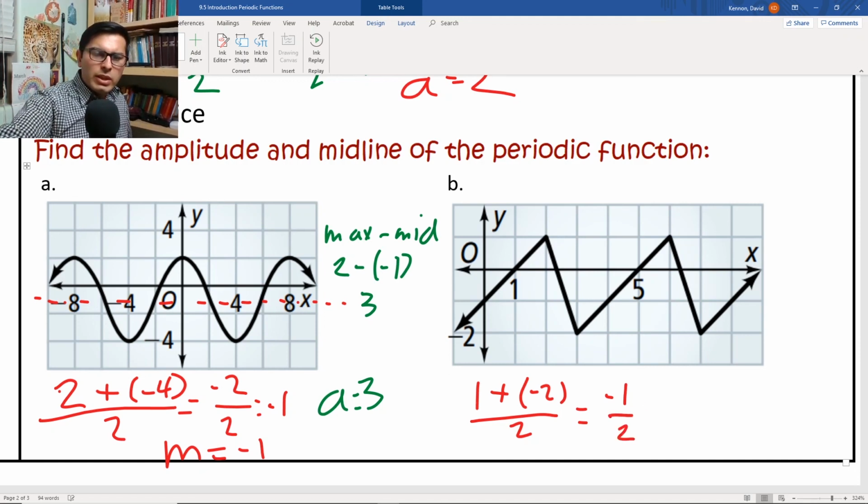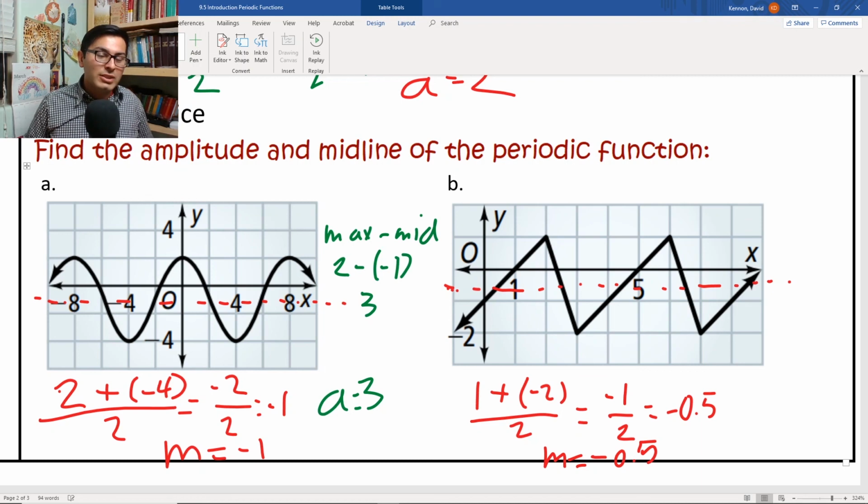Now, another way of looking at this would be saying -0.5 if you want it in a decimal format. Either way, it's at a middle point of a grid, which is okay. Remember, we have that fancy formula there if we can't count it accurately. First of all, we're going to say our midline equals -0.5, and now we're going to draw it out.